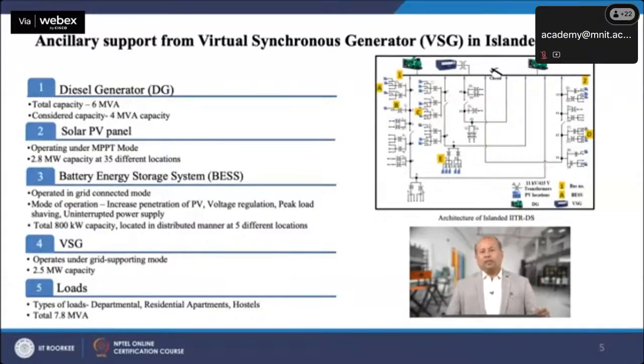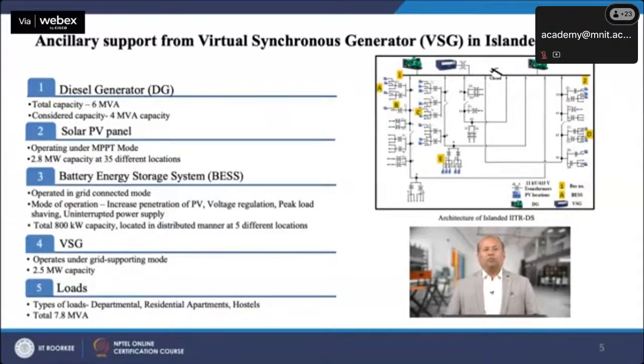The considered percentage integration of PV panels and BESS results in 45% integration of non-conventional sources of energy in islanded mode of the IIT Roorkee distribution system. Hence, due to such a higher percentage integration, the IIT Roorkee distribution system faces a low inertia condition.